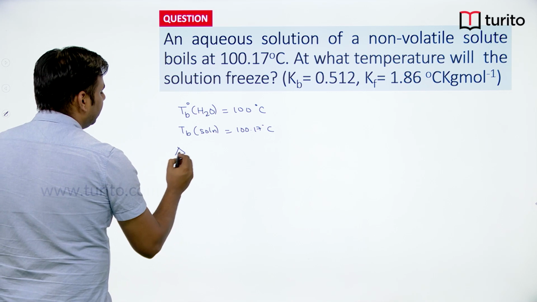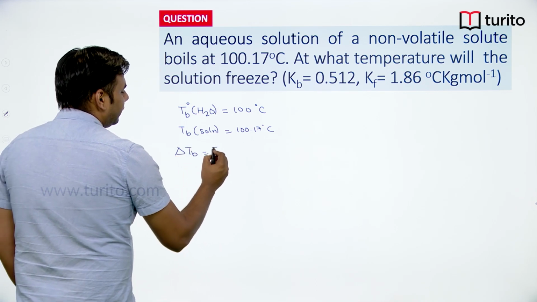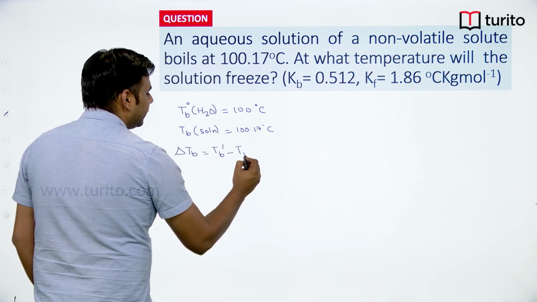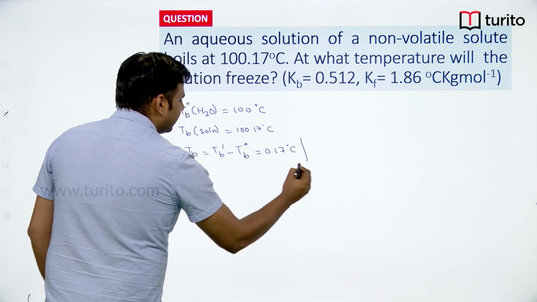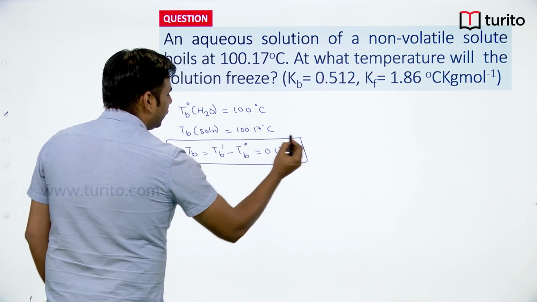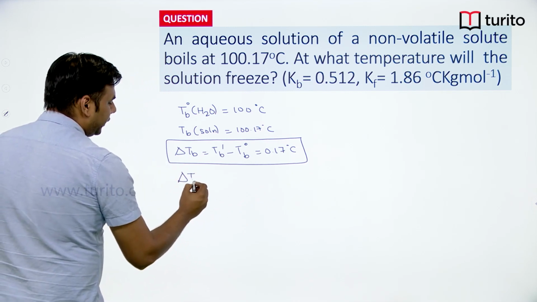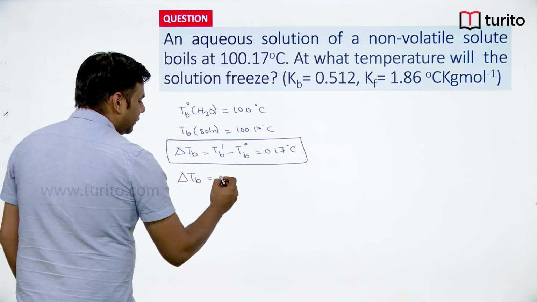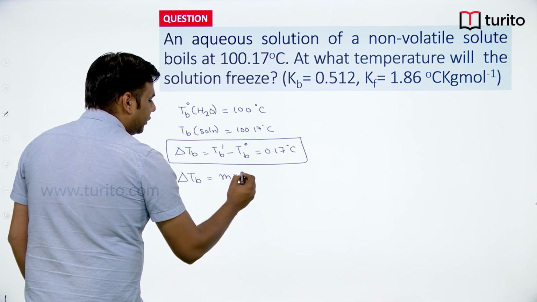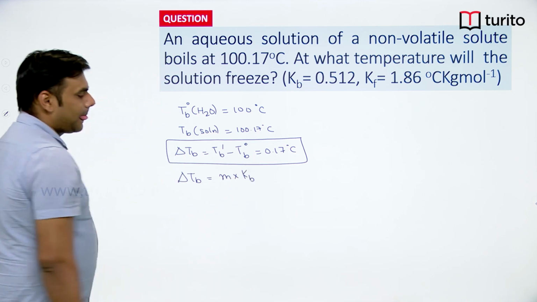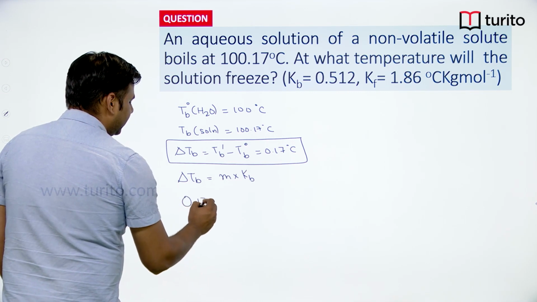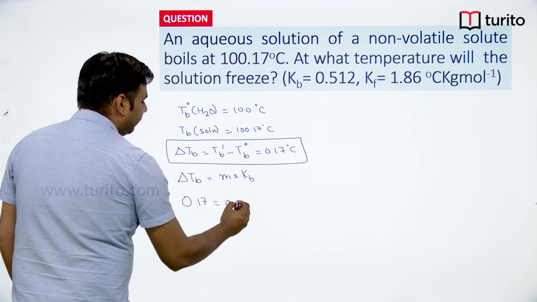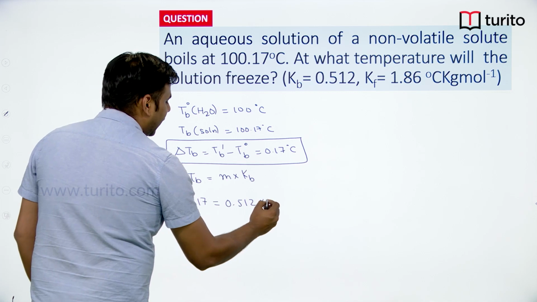So the elevation in boiling point we know is 0.17 degrees Celsius. Now we also know that the elevation in boiling point is equal to m into Kb. So this is 0.17; Kb for water we know is 0.512 into molality.